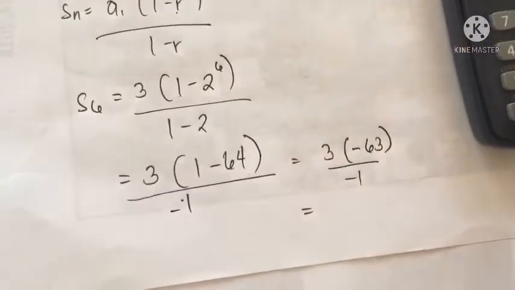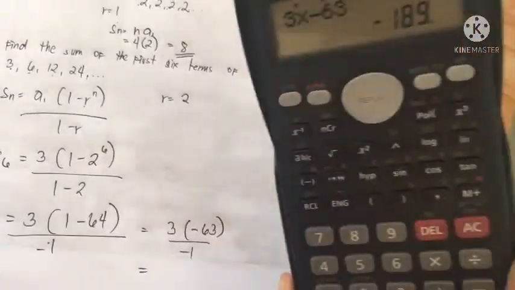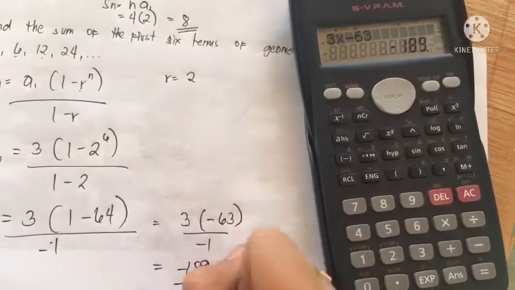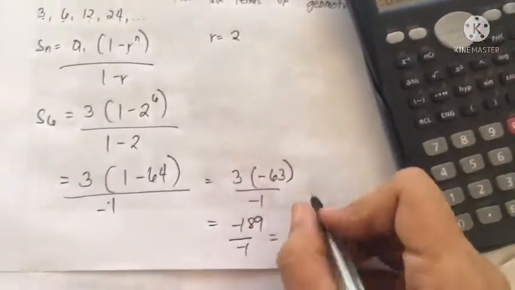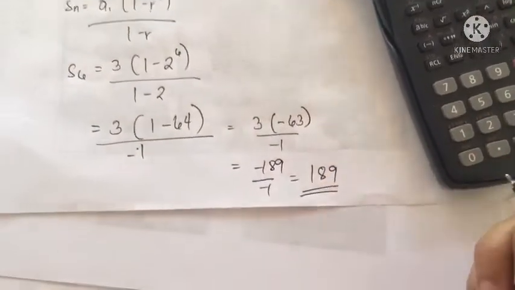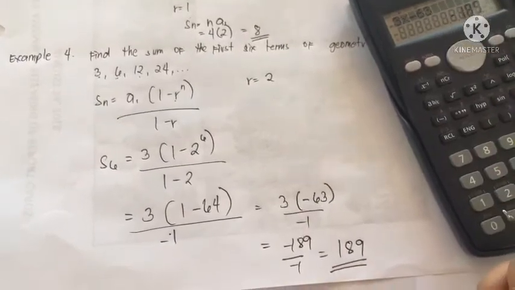So, magiging 3 times natin sa negative 63, ang sagot natin is negative 189. Negative 189 divided by negative 1, the answer is positive 189. Okay? Yun ang sum ng number 4.